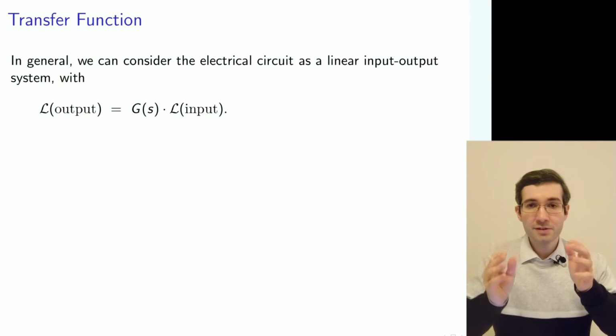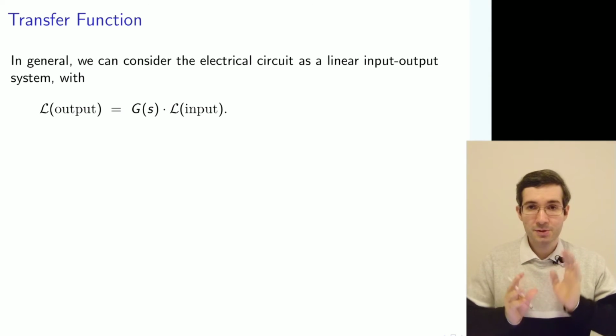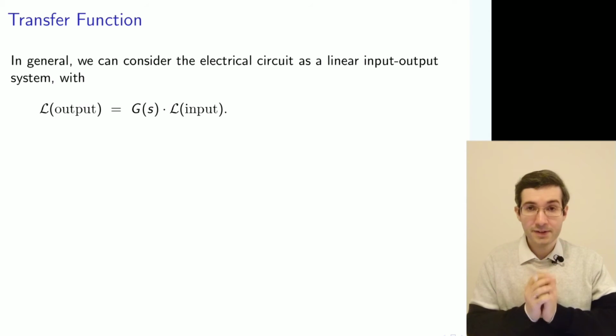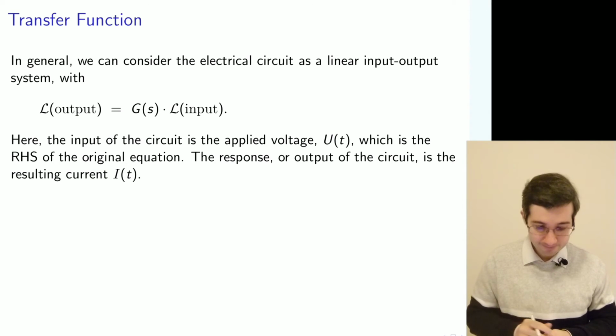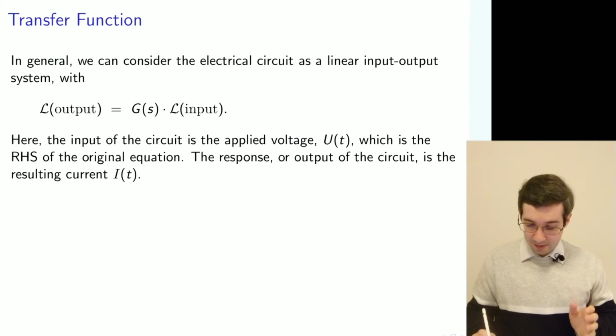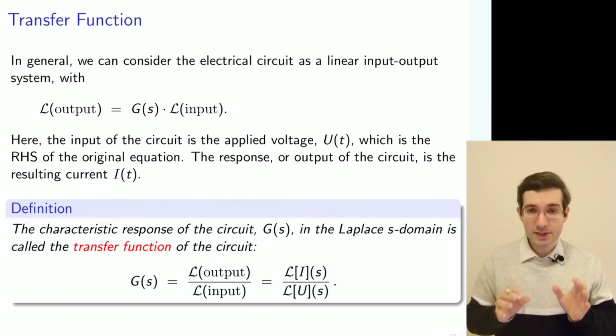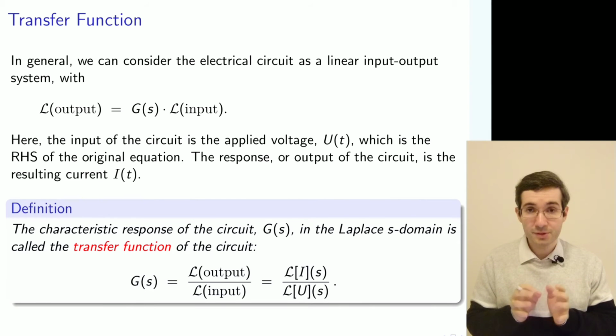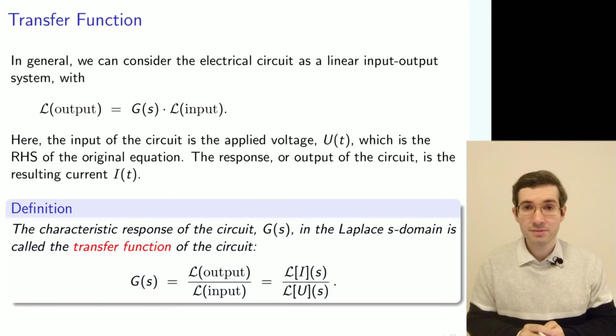So as I said, this is a generic approach. You take any input to your circuit and the transfer function will tell you how this will produce an output. And that is again a definition which I want you to bear in mind, because this will be important for answering questions.